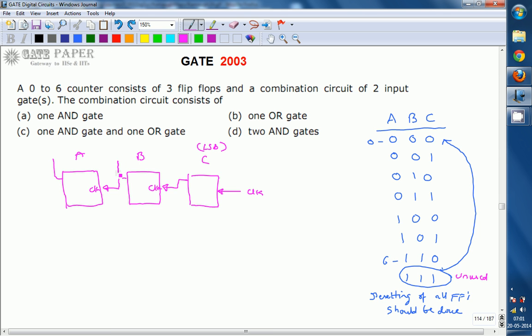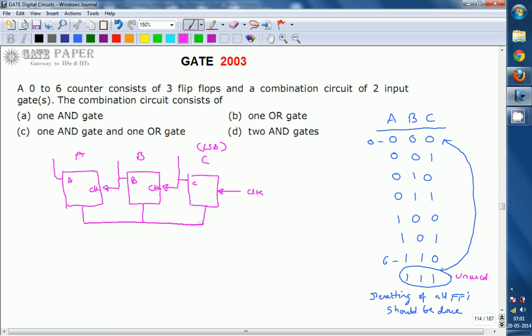The output of B acts as the clock for the next flip-flop, and so on. So here you are going to get the values: this is A, B and C, and we have a reset pin. Assume the reset pin is active high because nothing is mentioned.